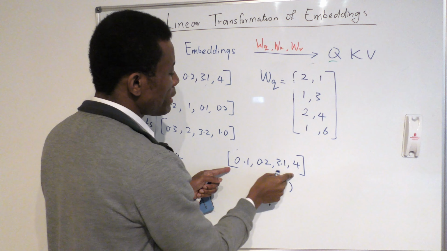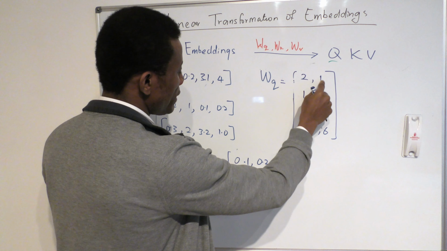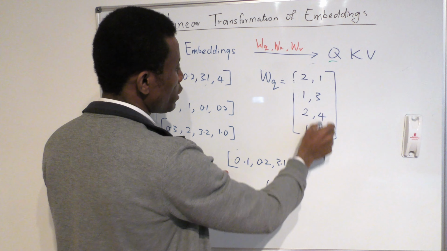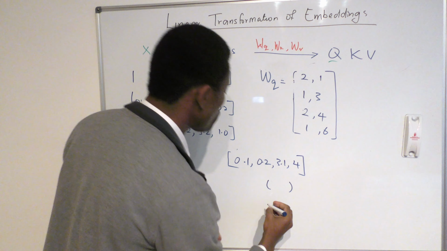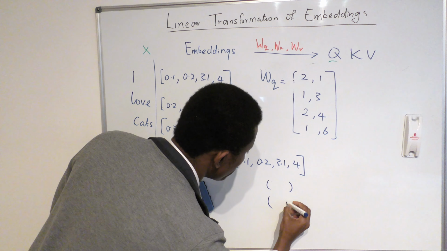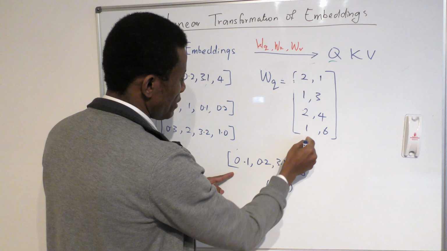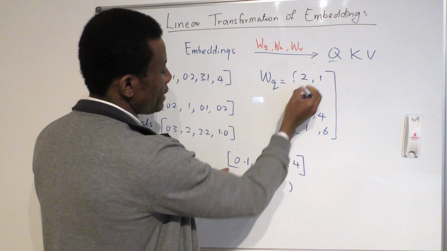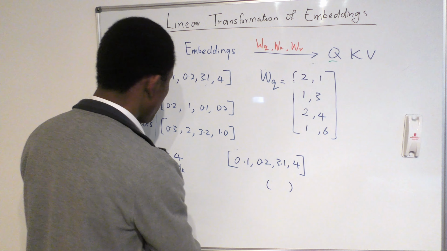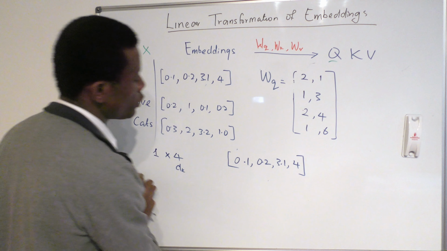And you repeat the same process with the second row. We are going to have the second item. So once you multiply this, so this times this plus this times this, let's just do the multiplication.